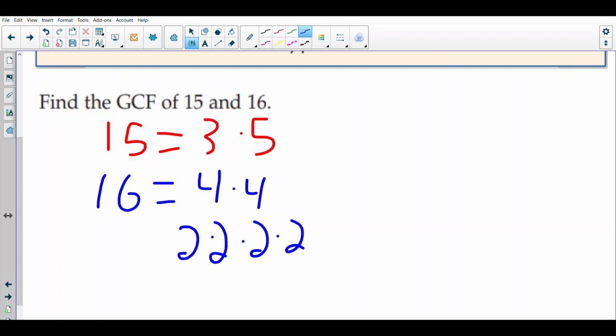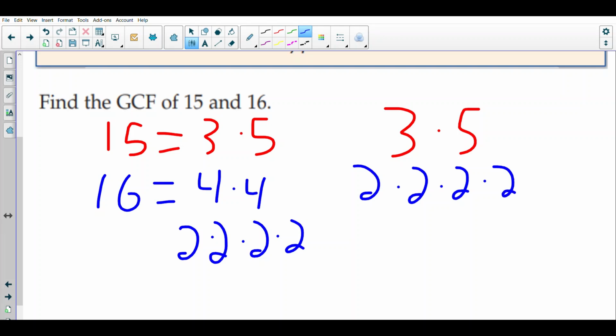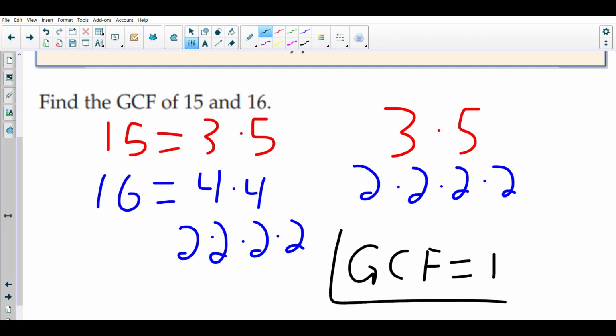So as we analyze these, we have 3 times 5, and then we have 2 times 2 times 2 times 2. Now, in that situation, they have nothing in common, so their GCF is actually equal to 1. So these two are relatively prime because they don't have anything in common.